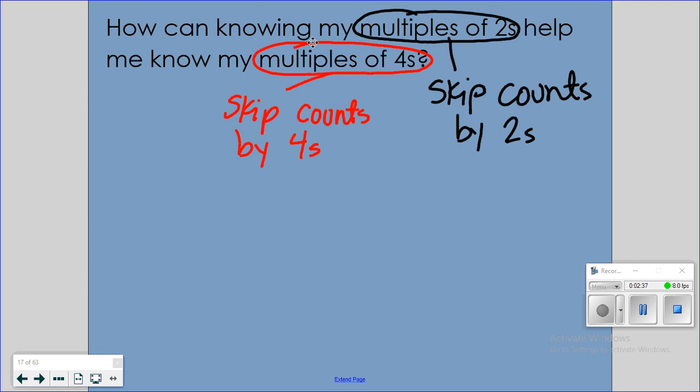John? 2 plus 2 is 4. Yeah, we've got a relationship already between our 2's and our 4's. So most of you can probably see how they might be related.